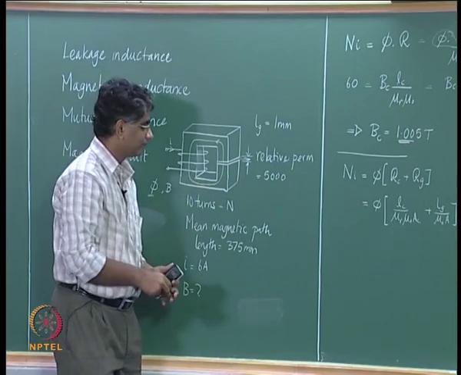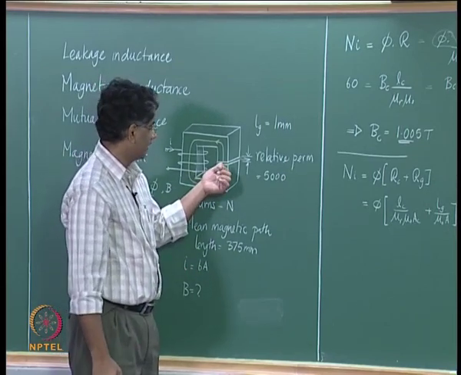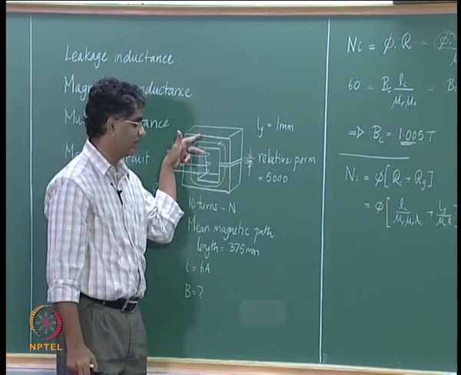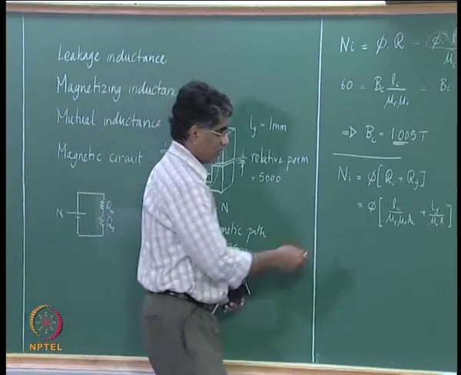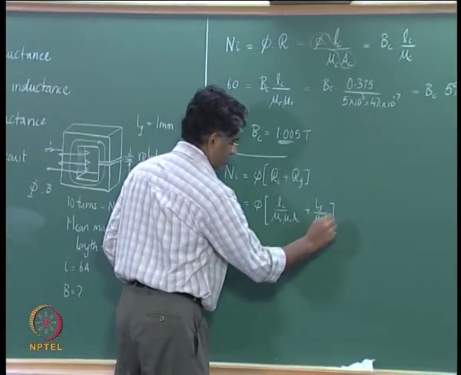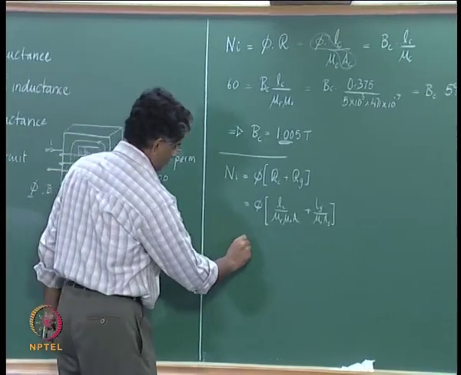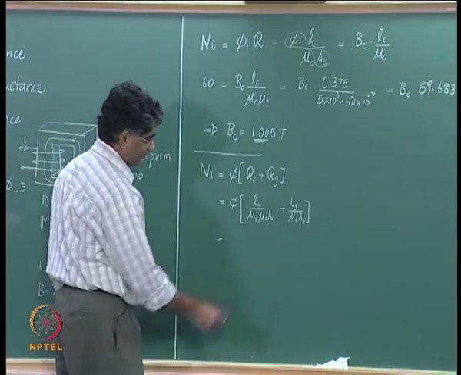So let us assume that the area through which flux passes in the air gap is the same as the area of the core, so Ac and Ag are the same, and therefore one can further simplify this expression.